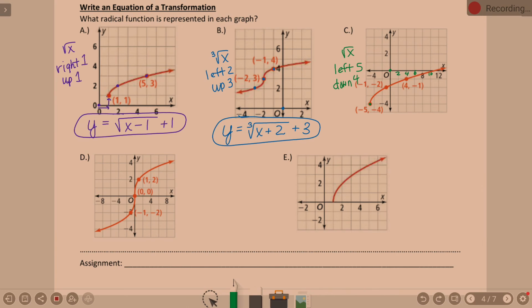Now, stretch. This is a tough one to process for me, only because of the counting weirdness. If you go by the points they have marked, -5, -4 to -1, -2, that is a difference of going where? From -5 to -1, you're going over 4. And from -4 to -2, you're going up 2. Is going over 4 up 2 part of a normal square root graph?